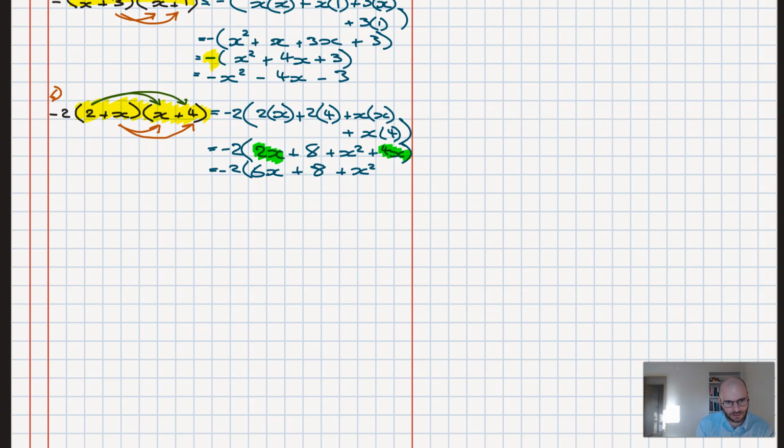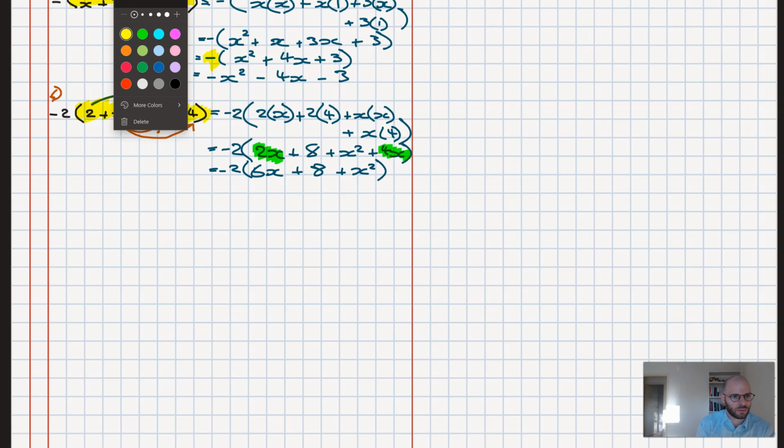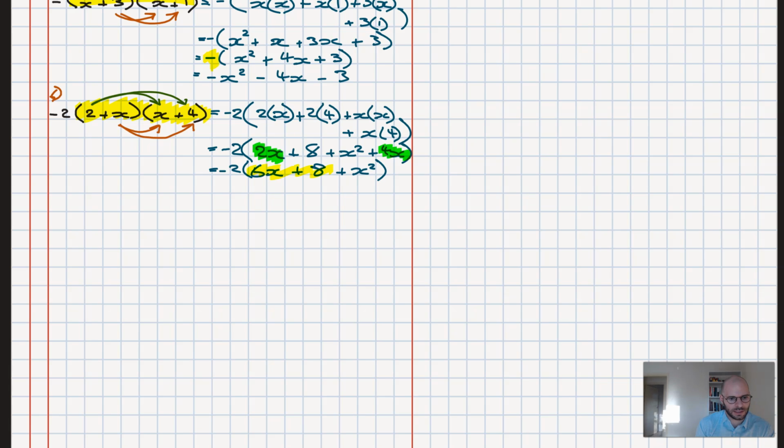plus x squared. And now that we've got that out of the way, we'll deal with the inside of the brackets here. So what we're going to do is we're going to multiply the negative 2 on the 6x, negative 2 on the 8, the negative 2 on the x squared. So go down one more line.